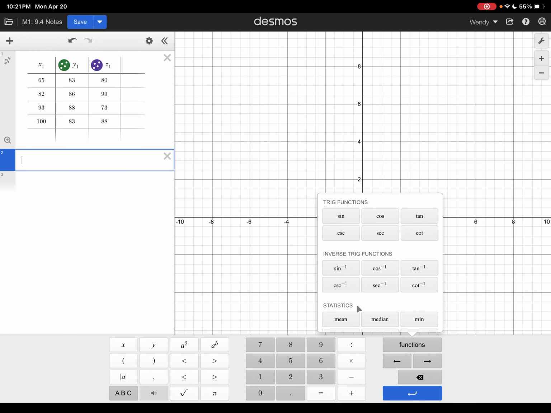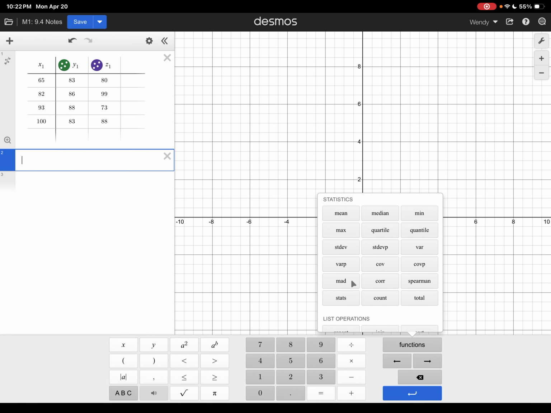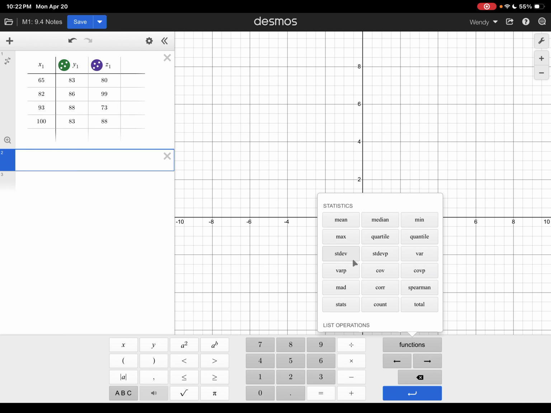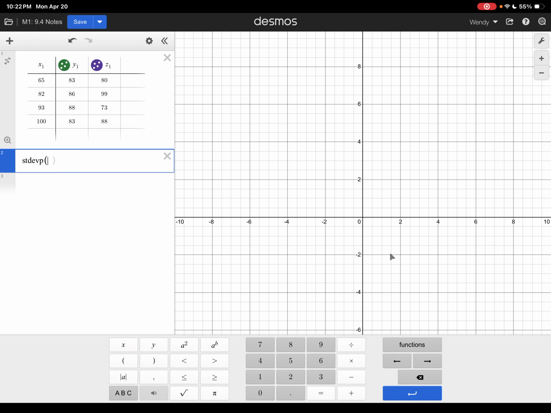Under functions, we're going to look at the statistics, and again, be careful because this looks very similar, but we want the one with the P in it. Okay, and since these are Johnny's scores right here, so x sub 1 is Johnny, I'm going to type in x1.